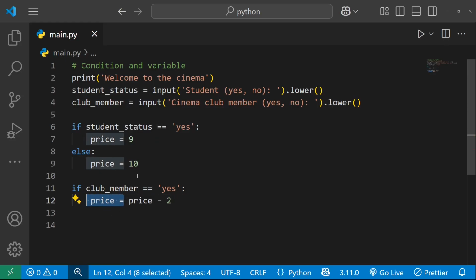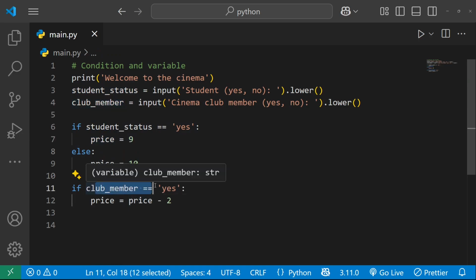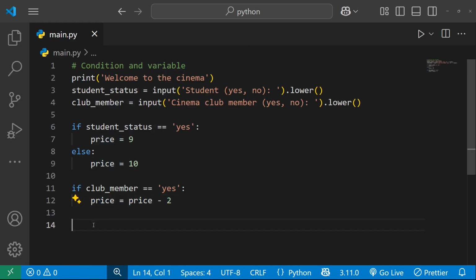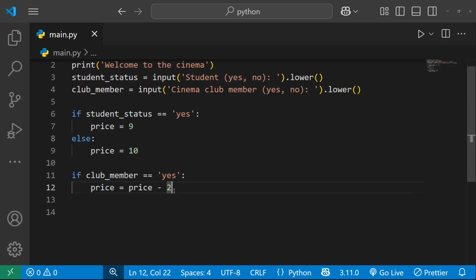So for example, if the visitor is a student, the price is $9, and if the visitor is a club member as well, it means $9 minus 2 is 7, and we store 7 in the price variable. I hope it makes sense.